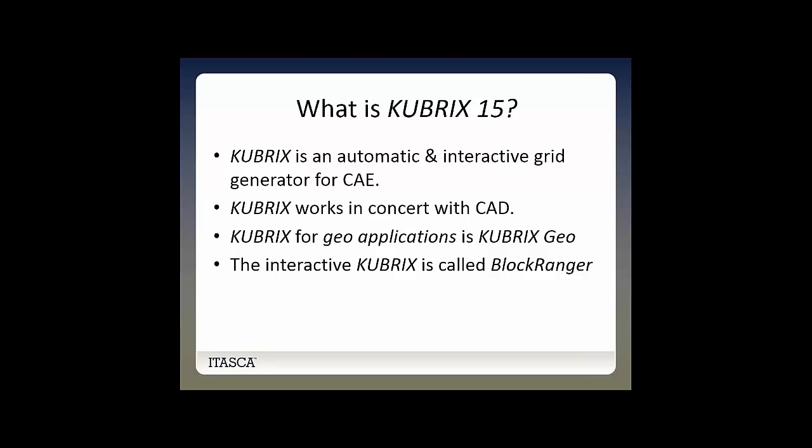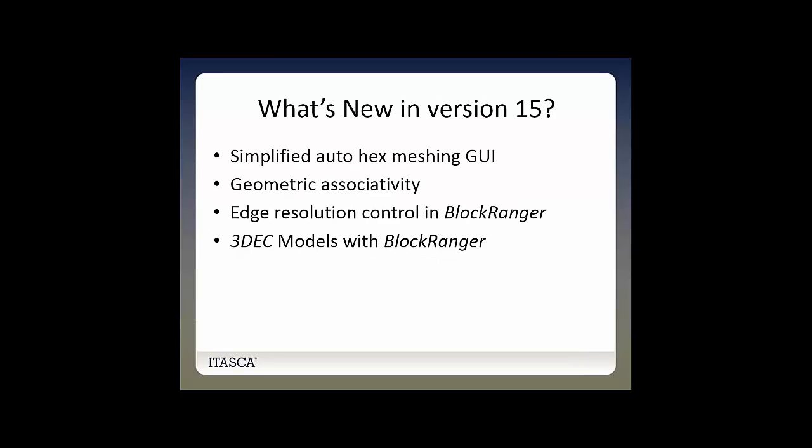KUBRIX for geomechanical applications is named KUBRIX Geo and is sold as KUBRIX Geo. The interactive component of KUBRIX, which, as I said earlier, was introduced 2 years ago, is called Block Ranger and is available separately. What's new in version 15?